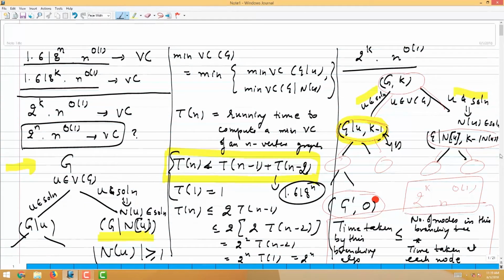So at least at the look of it, the way we are doing it, we'll keep on doing this branching until we get to an instance where k is 0, right? So it's not clear why we'll do any better than 2 power k, at least in this case.